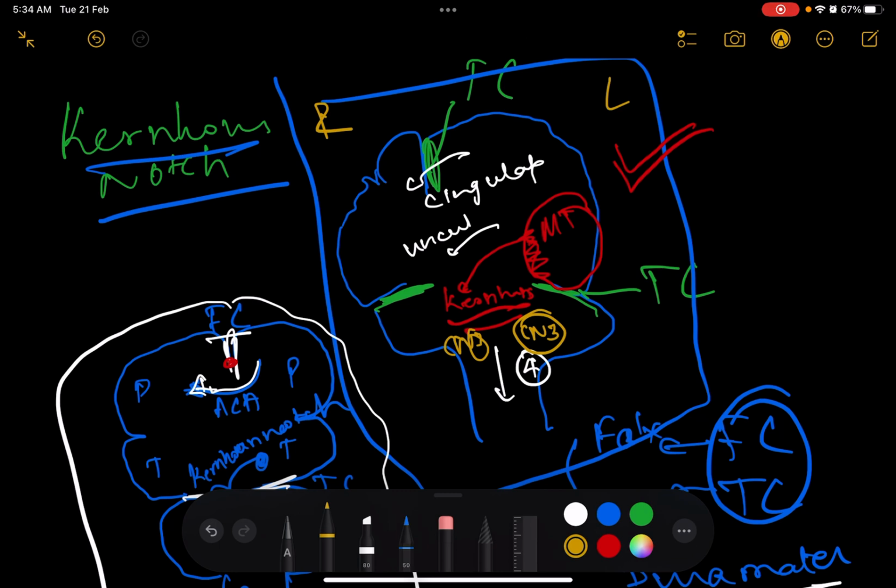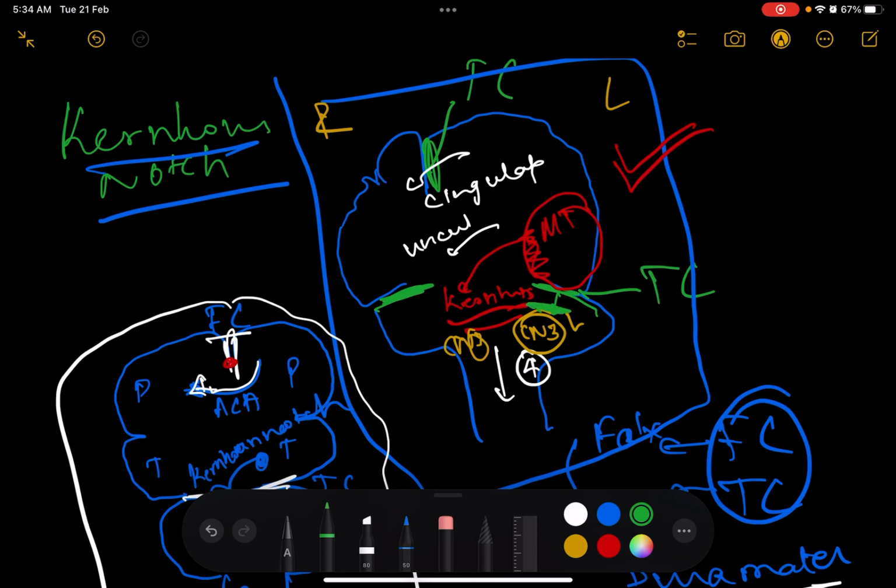Medial temporal lobe of the left hemisphere is herniating towards the right. All right, there is going to be obviously certain amount of displacement and compression, okay, of the left cranial nerve 3. Okay, so there's going to be certain amount of compression of the left cranial nerve 3 as well, because the entire mass would be displaced downwards.